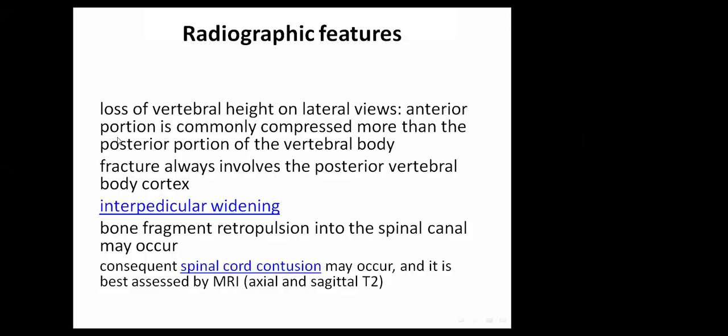Radiological features: loss of vertebral height on the lateral view; the anterior portion is commonly compressed more than the posterior portion of the vertebral body. The fracture always involves the posterior vertebral body cortex, with interpedicular widening. Bony fragment retropulsion into the spinal canal may cause spinal cord contusion, and it is best assessed by MRI, axial and sagittal T2.